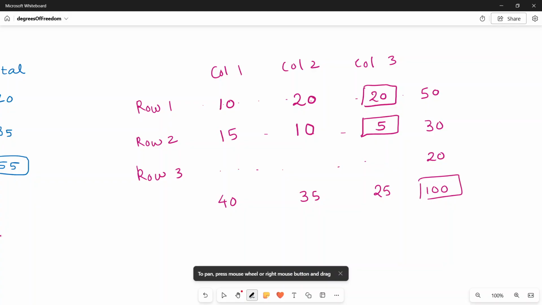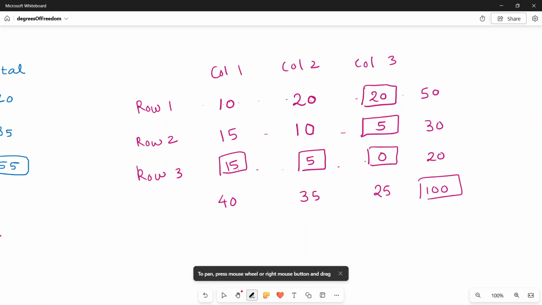No, because I know that the total of column 1 has to be 40, and I already have 10 plus 15, which is 25. So this has to be 15. I have no freedom in choosing this. Similarly, this has to be 5, and again, this element has to be 0. I have no freedom in choosing these.